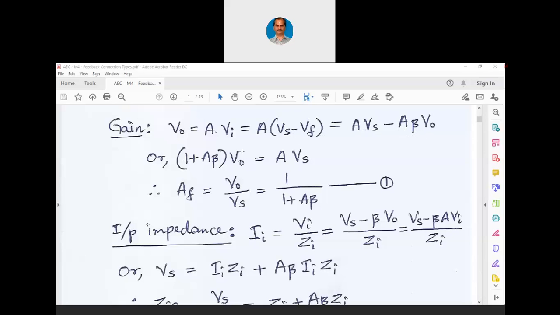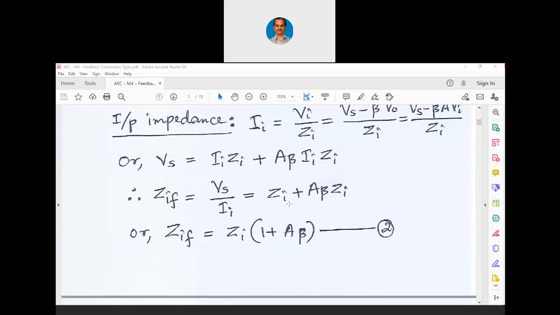Or we can rearrange these terms to write it this way: 1 plus A beta into Vo is equal to A into Vs. So, now the gain with feedback Af is Vo by Vs. Vs is the voltage at the input signal source. So, Vo by Vs is nothing but A by 1 plus A beta. You can see from the upper equation. So, this is a standard equation which is going to be derived in the same way for all other 3 feedback connections.